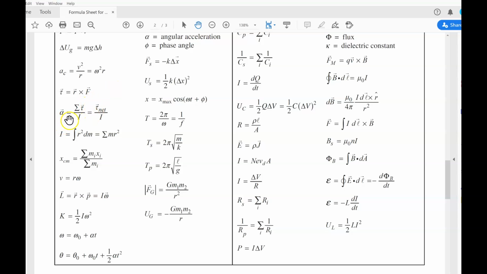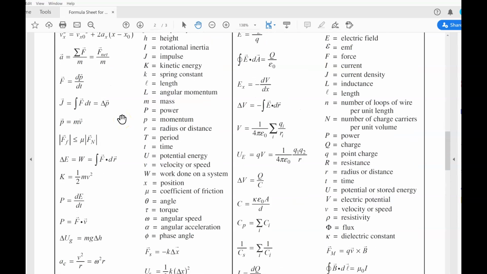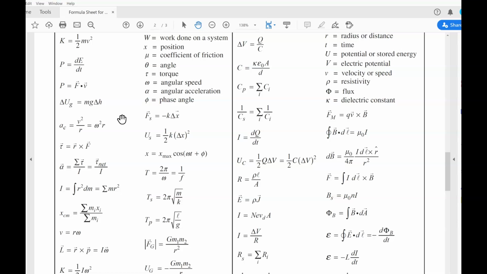All right, alpha: the net torque equals I alpha, like F equals ma, tau equals I alpha, but it's just written in a different way because it solves for alpha, which I think is the same way it does force as well.